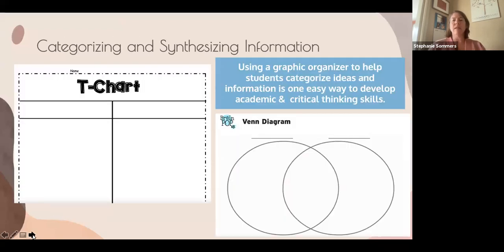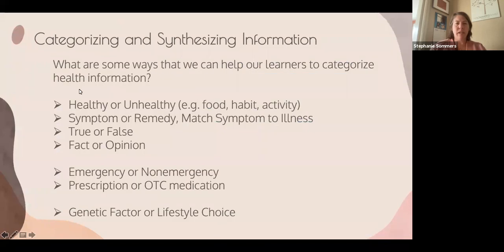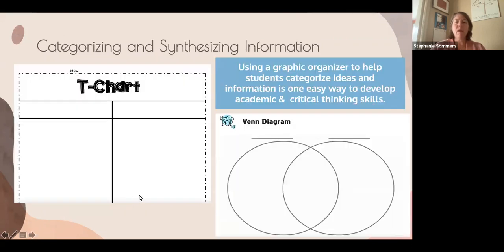And here are some easy tools that you can use with your students to develop this skill. So a T-chart is one of my very favorite types of graphic organizers. I love T-charts because it doesn't get much more low prep than having your students draw a line down the middle of a piece of paper, right? And then just label the top of both sides. And you could use any of these headings here and then have your students sort by some of these criteria, right?